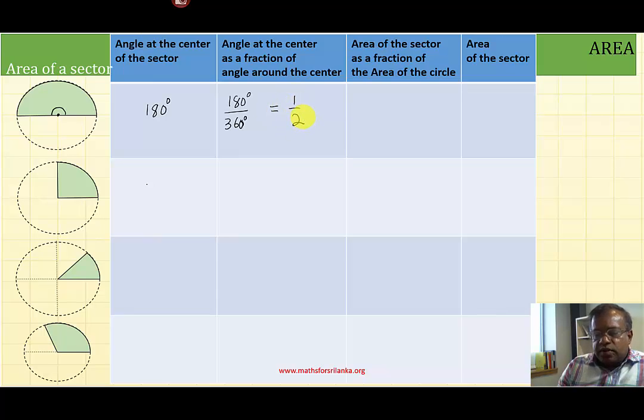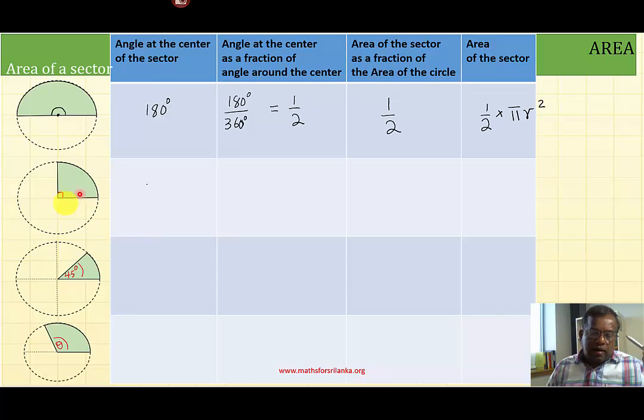And the area of the sector as a fraction of the area of the circle. Now clearly in the diagram, the area of this half circle is 1/2 of the area of the corresponding circle, and therefore the area of the sector is 1/2 of the area of the circle, which is πr squared.